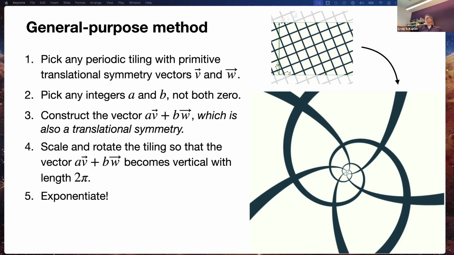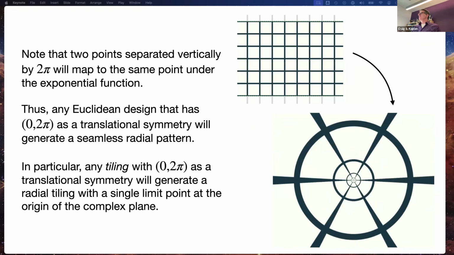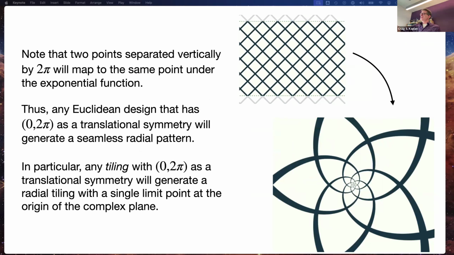And what happens here that's really nice, as you can see, is when I started with squares aligned horizontally, vertically, or on the bias, I end up with concentric rings of tiles.